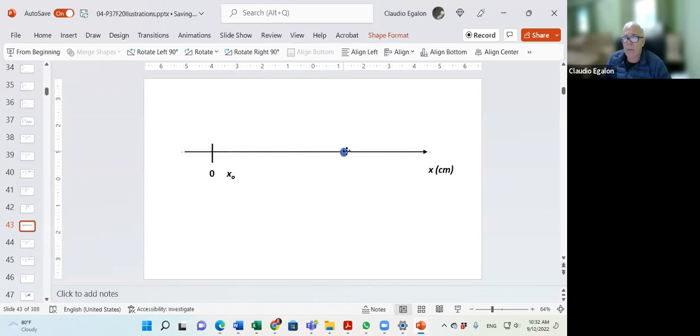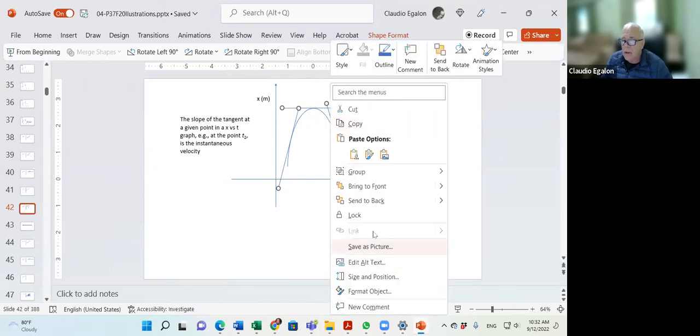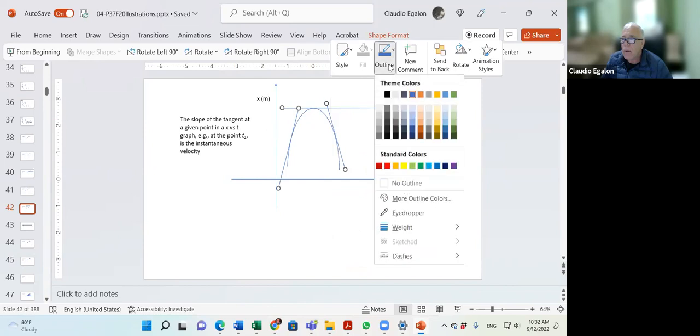That's what that graph means. It should slow down, coming to an instantaneous rest, and then moving backwards at ever increasing speed. That's what this graph here means. I'm going to put that dashed.